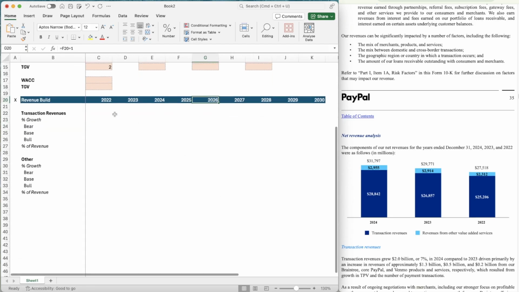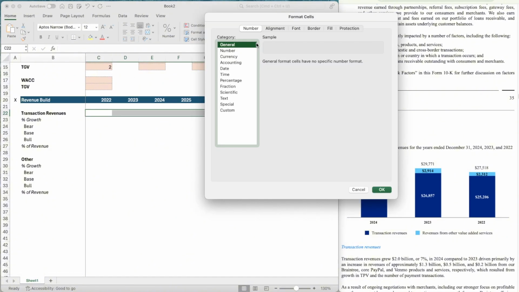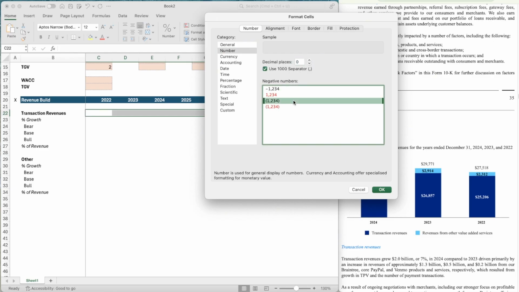There we go. So let's just format number. We don't want any decimal places. We want to use the thousand separator, so just put a comma when it gets to a thousand, and use negative numbers in brackets.